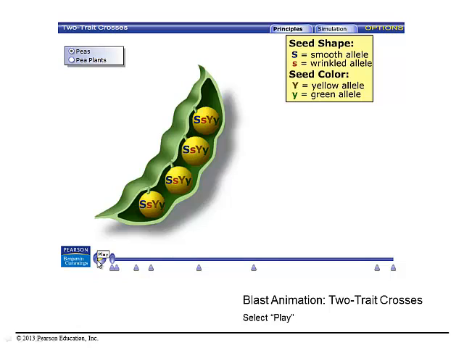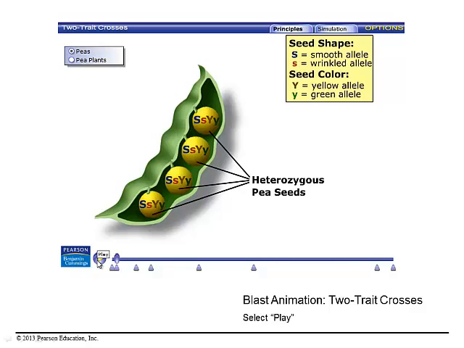So big S would be smooth and little s would be wrinkled. Which one do you think is dominant? Smooth, exactly. Seed color, big Y would be yellow and little y would be green.